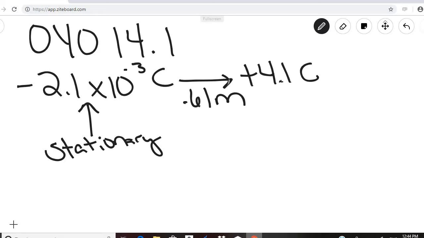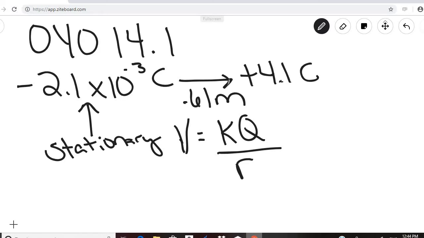So we know that V is equal to K times Q divided by R. And the Q in this case is the stationary charge.